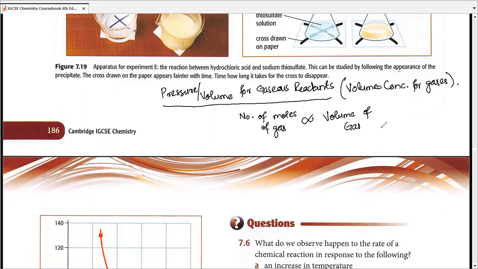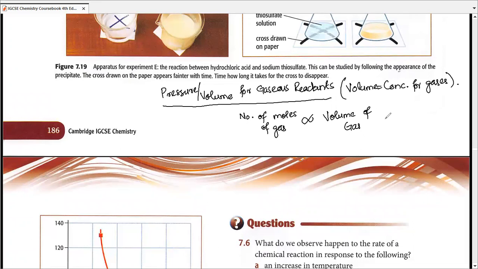The quantity should be 1 mole, the temperature should be room temperature, the pressure should be room pressure. Then the value would be 24 decimeter cube. And yes, you're right about that. And that goes for any gas on the planet. No matter which gas you name, the volume occupied by 1 mole of that gas at room temperature and pressure would be 24 decimeter cube.